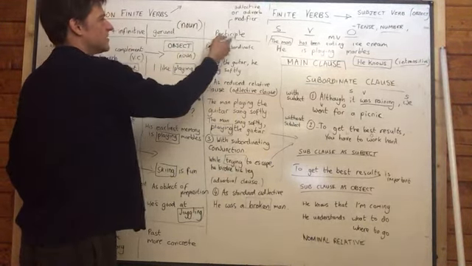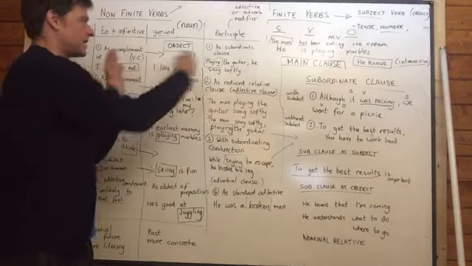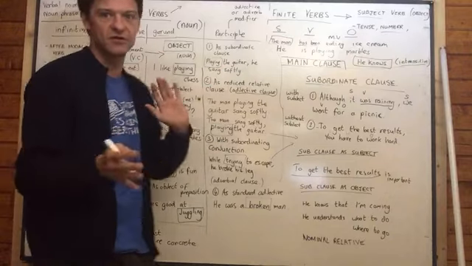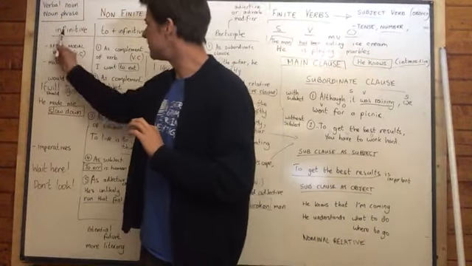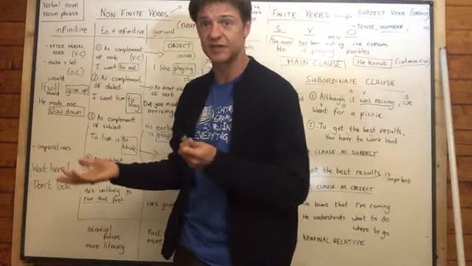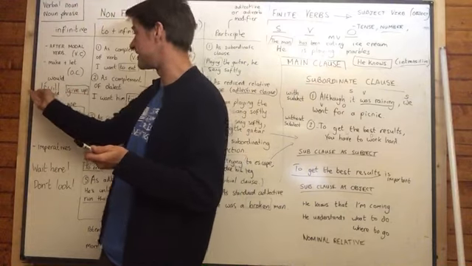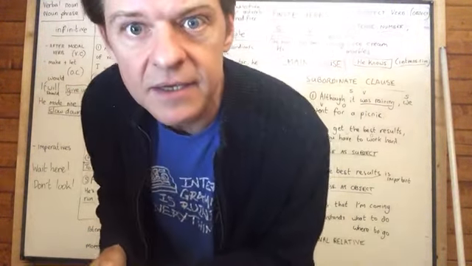The participle looks exactly the same, but it's an adjective. And that's very annoying, and it means we have to work out which one's which in a lot of sentences. And it's not so easy. So after modal verbs, we use the bare infinitive, and it's a non-finite verb because it doesn't have a subject. It's not clear anyway. I mean, obviously, it's the I who should give up, and so it does have an implied subject.